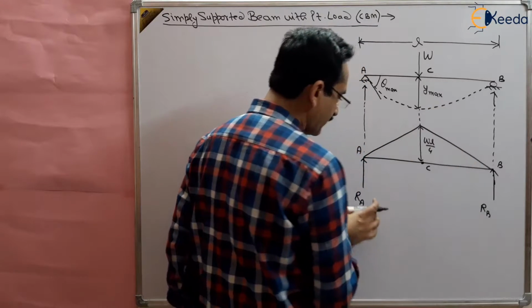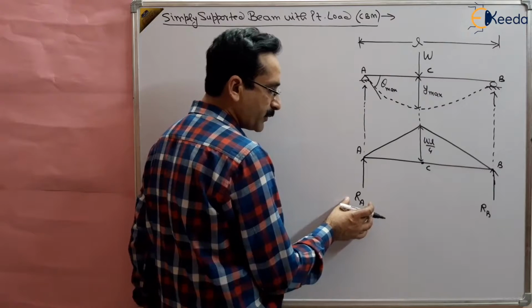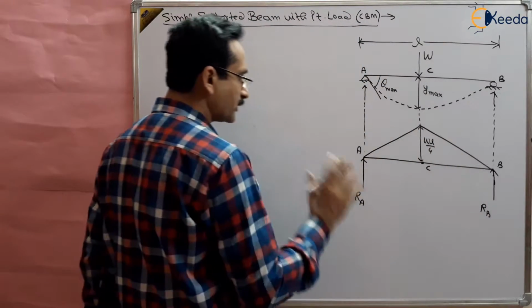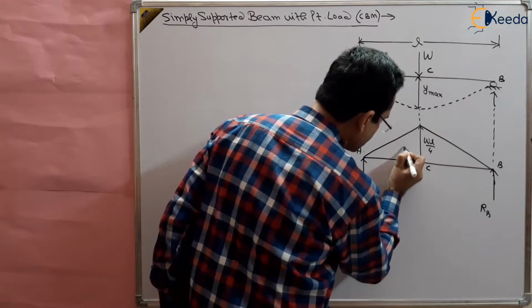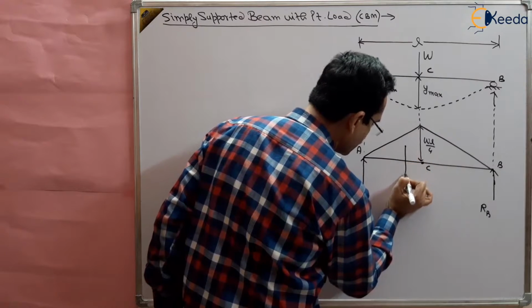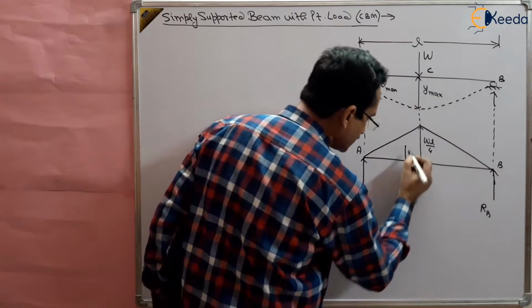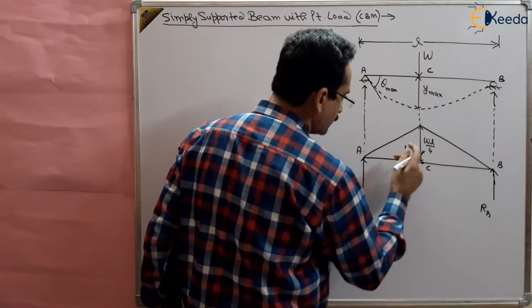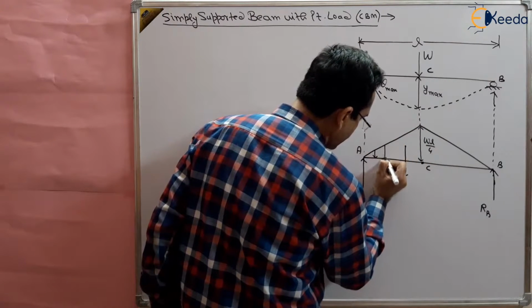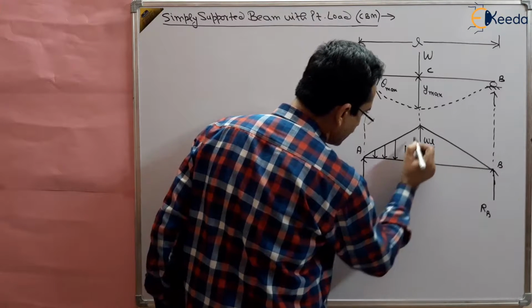So total load will be divided, half taken by RA and half by RB. So what is the total load? Suppose the total load is P. So the half part is P by 2, which is shared by this triangle. I am showing only one triangle, another triangle is similar to this.